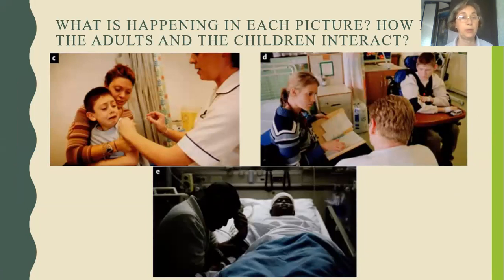And how does the boy feel? Upset and scared. Scared, yes. So both mother and nurse are trying to comfort him. It's a vaccination, yes, but he's just so scared that he's crying.